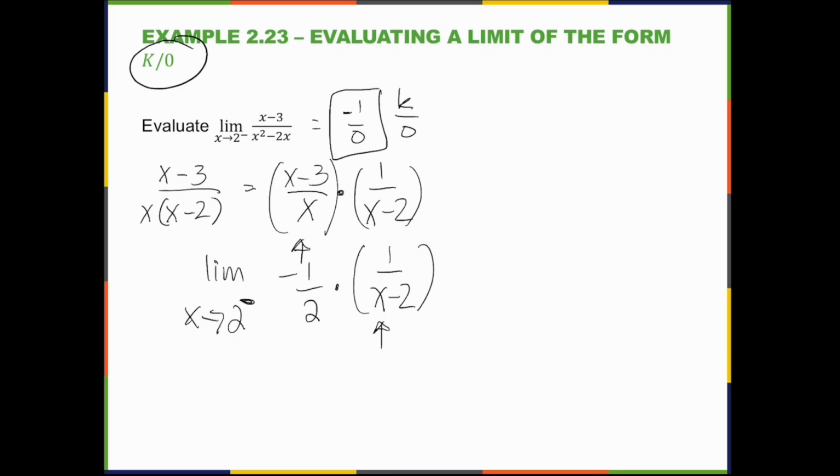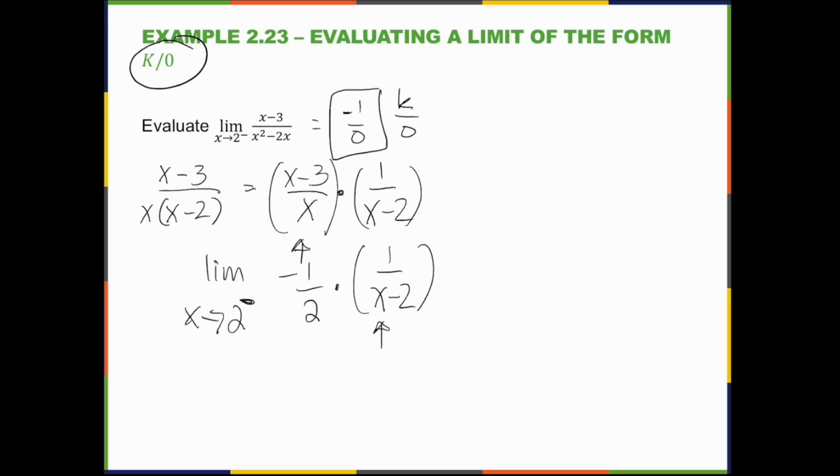So if I think about plugging in values for this x, getting closer and closer to 2, but because I'm approaching 2 from the left, I know the values that I'm plugging in for x are going to be less than 2. Okay, so I'm plugging in numbers like 1.9, 1.99, 1.999.